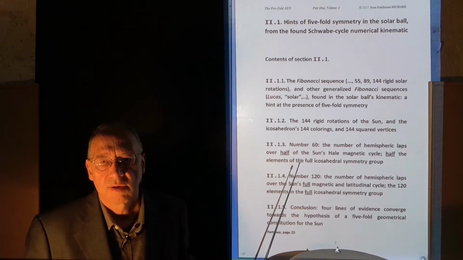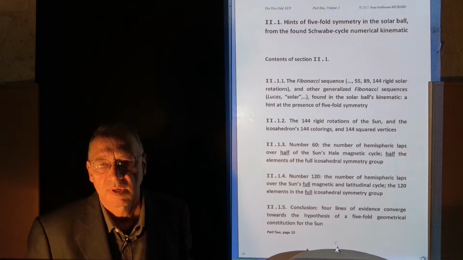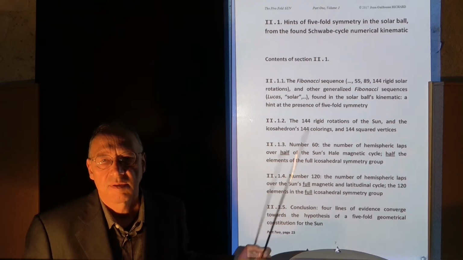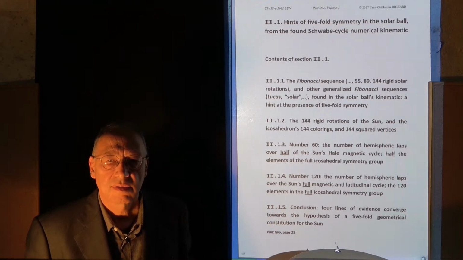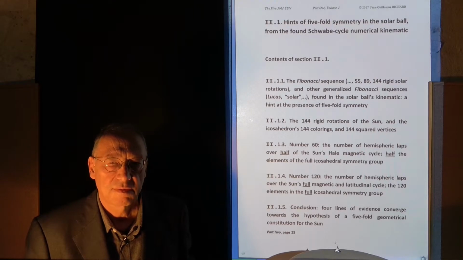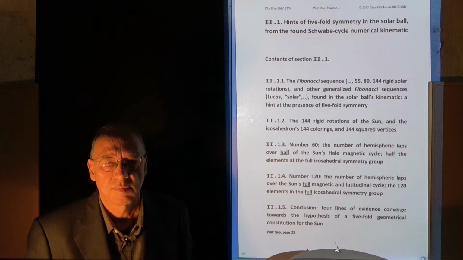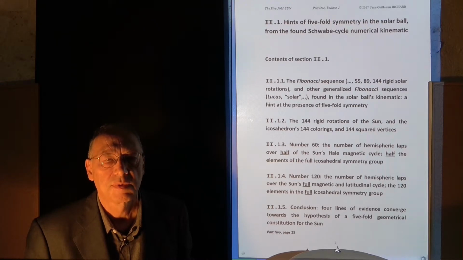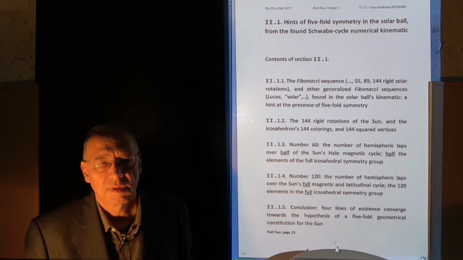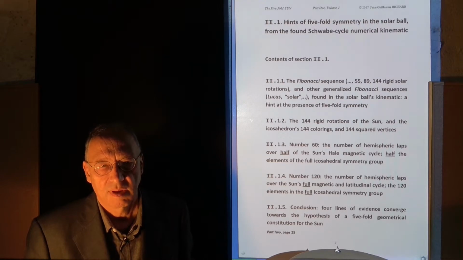The Schwabe cycle is half the Sun's Hale magnetic cycle. And we shall see that 60 is the number of elements of the icosahedral symmetric group. It's half the total number of elements of the full such symmetric group, and we will ask ourselves whether this parallel is meaningful or coincidental.